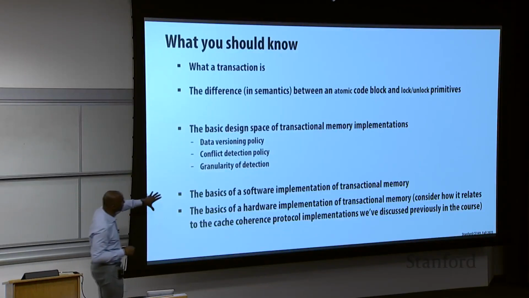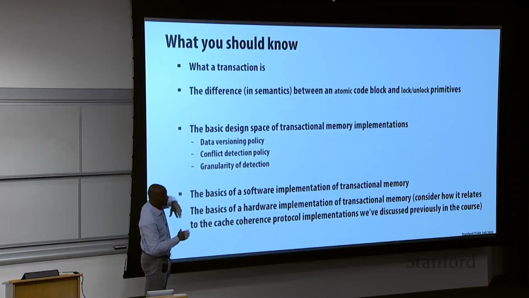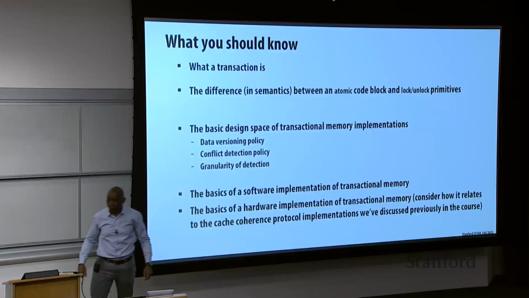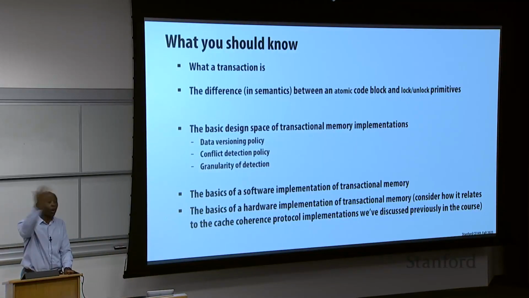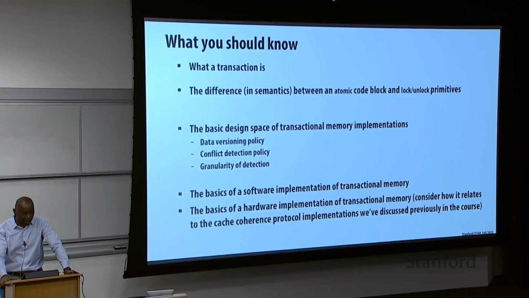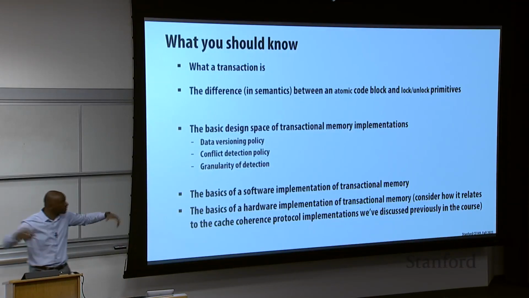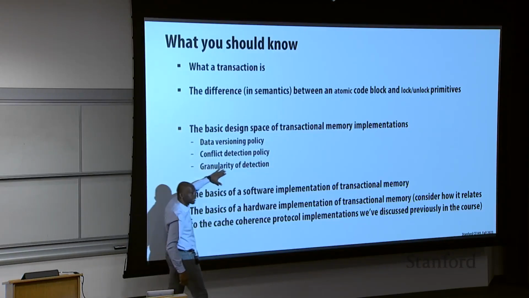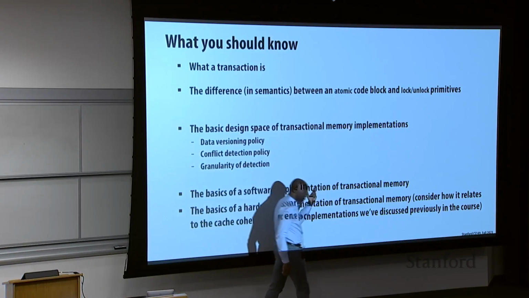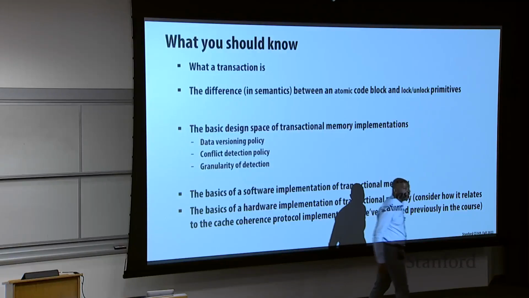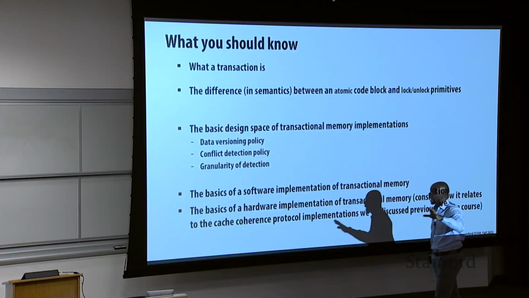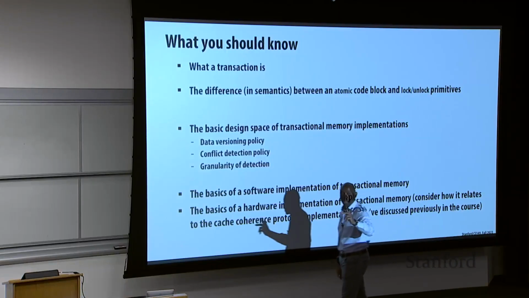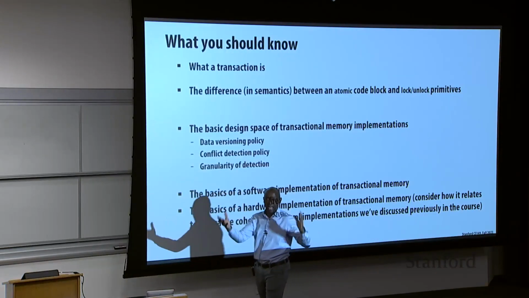But before we talk about the details, we'll also talk about some of the basic design space trade-offs that you have for implementing transactions: how you deal with the different versions that get created with transactions, how you detect whether there are conflicts between transactions, and the granularity of detection, right? This will remind you of our discussion of cache coherence. When we talked about cache coherence, we talked about two levels at which you could do detection, right?